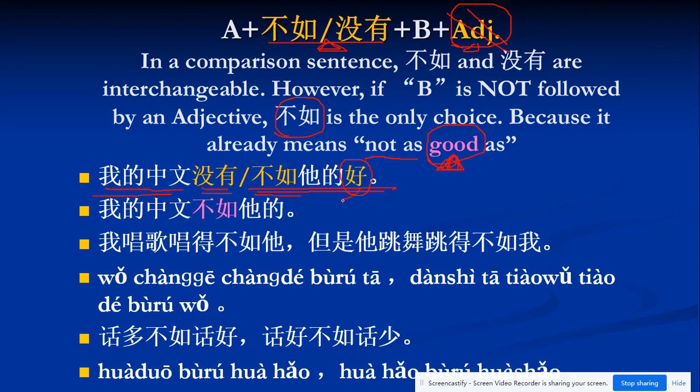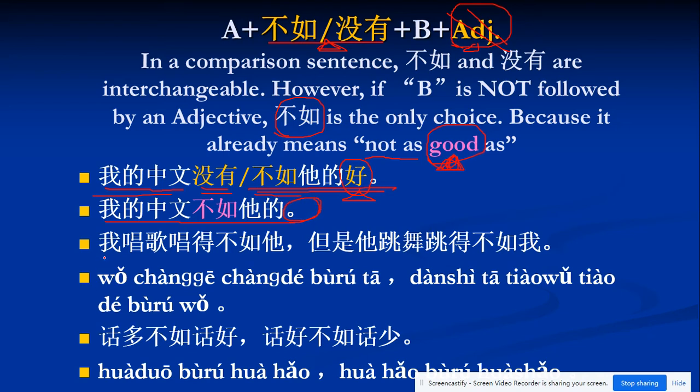But if you don't see this adjective, 我的中文不如他的, My Chinese is not as good as his, then you cannot use 没有 in this second sentence because you don't see the adjective.